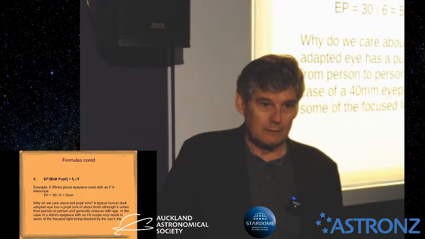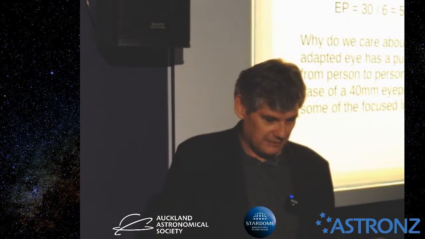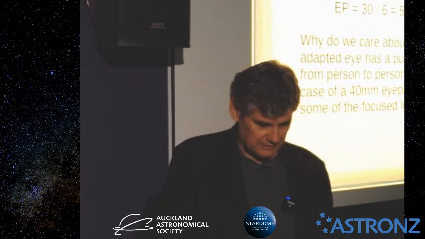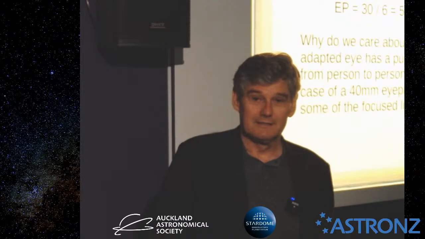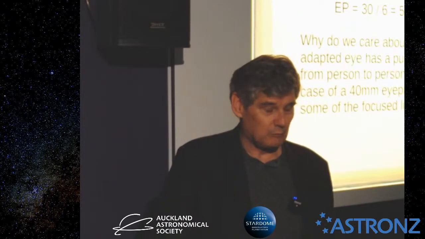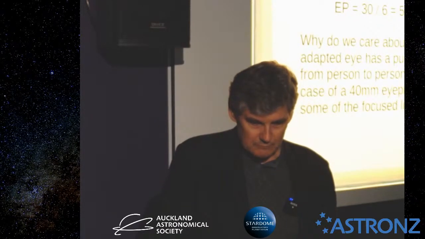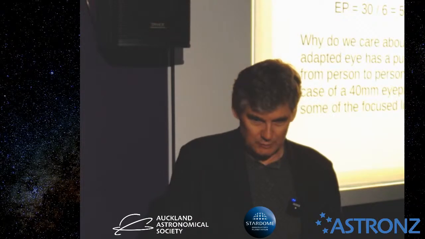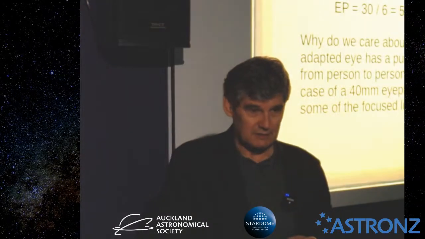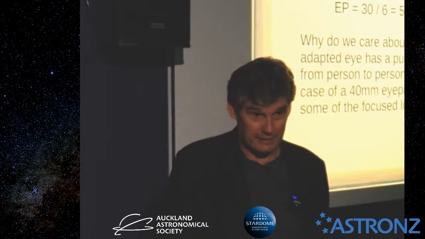And what a guy called Airy worked out, that if you have two star images that are really close together, like a double star, he came up with a formula for how much aperture you need in your primary mirror or your lens to be able to tell that there's actually two stars and not one.